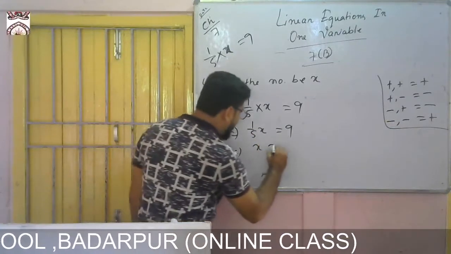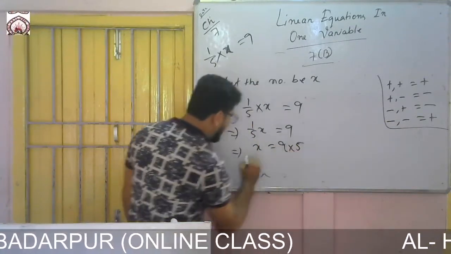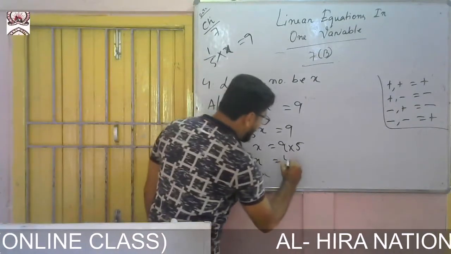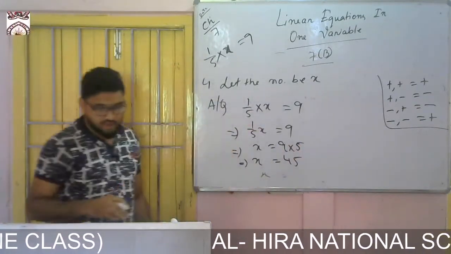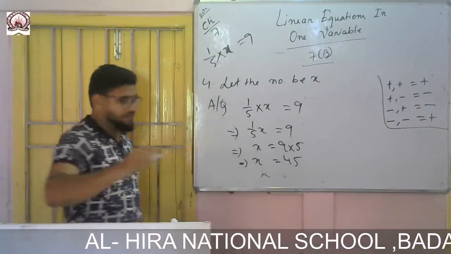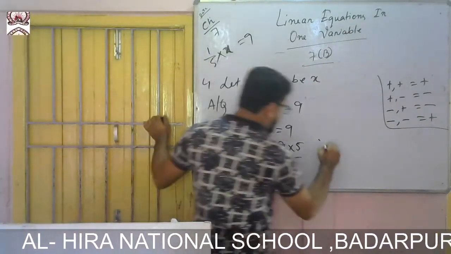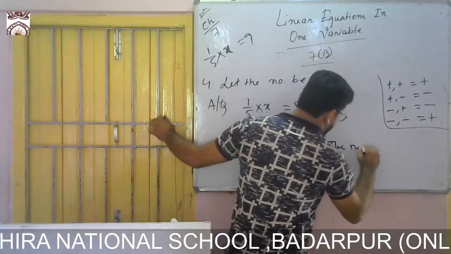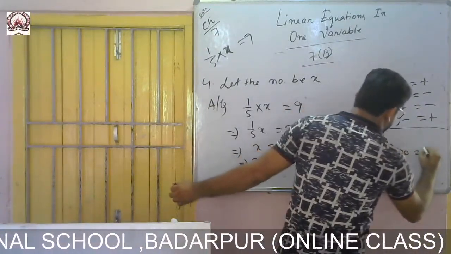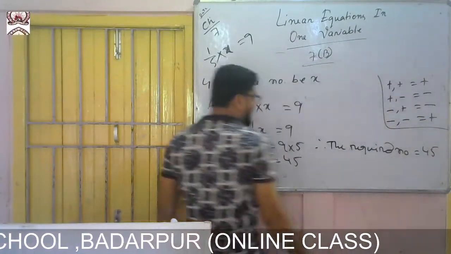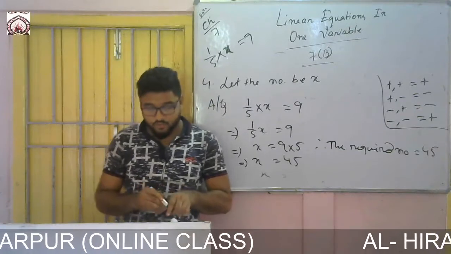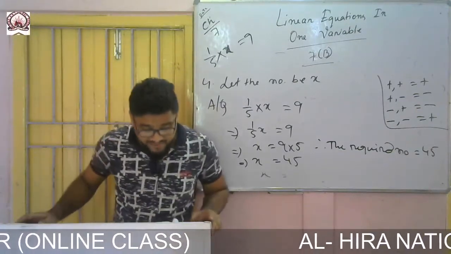So x equals 9 into 5, which is 45. Therefore the required number equals 45. That is the answer of question number 4. Now come to question number 5.